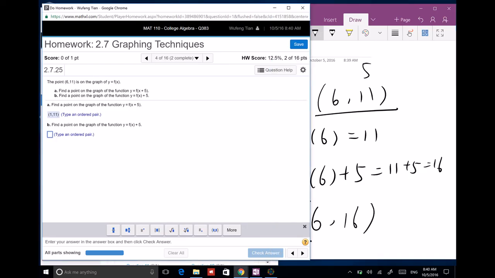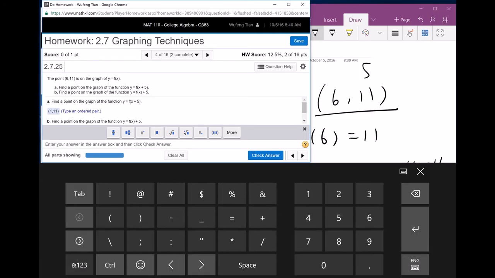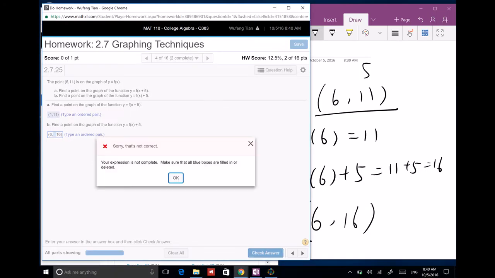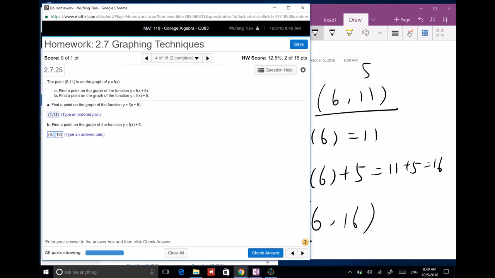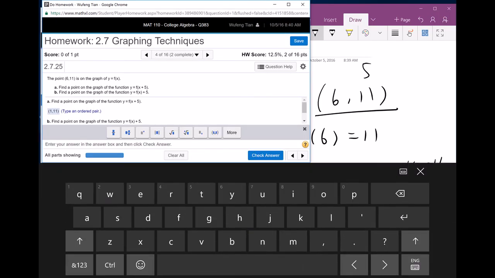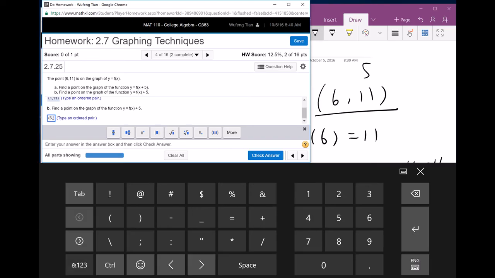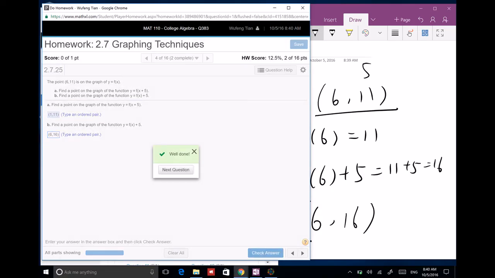The second one is 6, 16. I just want to use this one to do that, it's just so hard to type in. 16. Great.